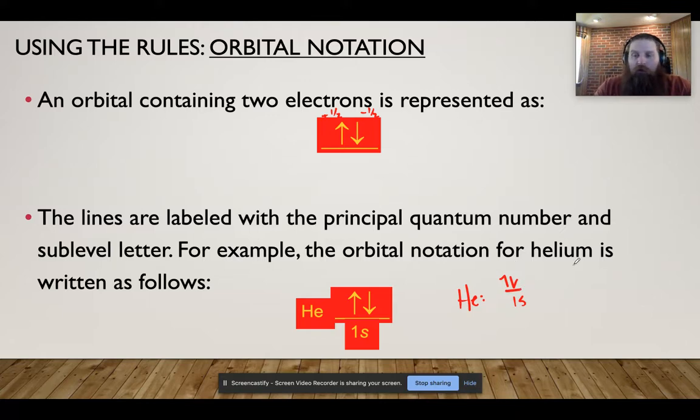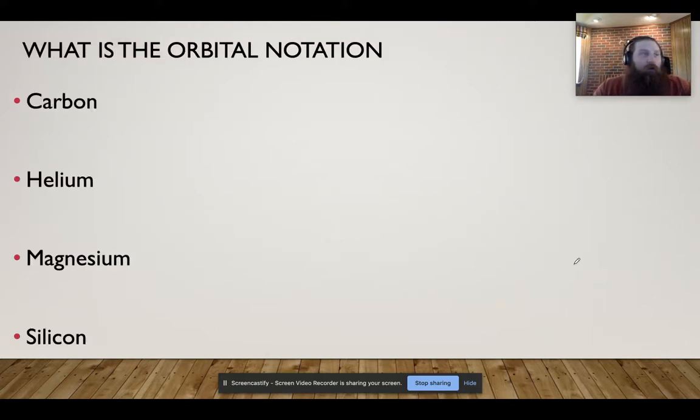Okay? Let's do a couple of these. The orbital notation for carbon. So we know that carbon, when we look at its electron configuration, so we're going to do that first. For carbon's electron configuration, we have 1s2, 2s2, 2p2.